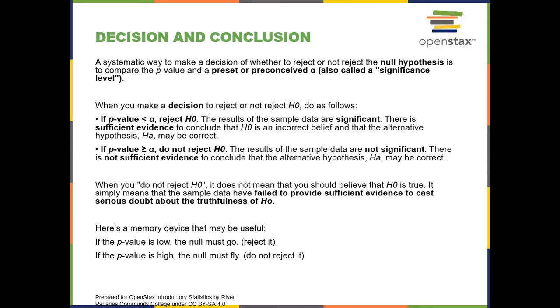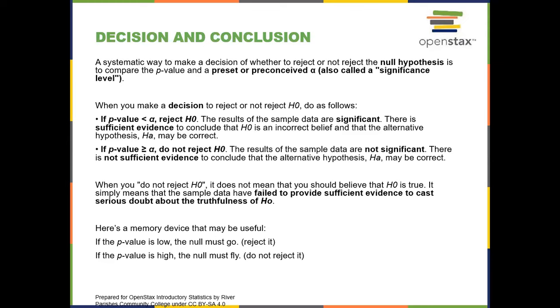It is usually set at 0.05. That means the probability of making a type 1 error is fixed at alpha equal to 0.05. What does it mean? It means we are taking a 5% risk in rejecting H0 when it is really true. That is, we should not have rejected, but we are taking a 5% risk of making a wrong decision.